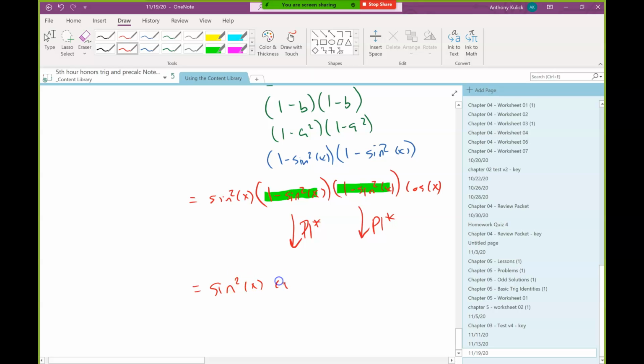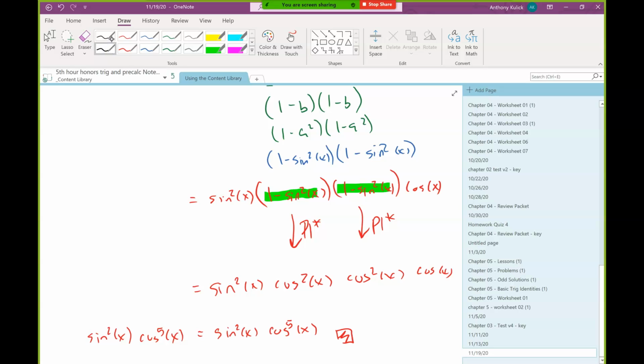And that gives me sine squared. That one turns into a cosine squared. That one turns into a cosine squared. And now there's still my cosine. And then if I just combine like terms, cosine squared times cosine squared times cosine is cosine to the 5th. And that's what we're looking for. So we're done.